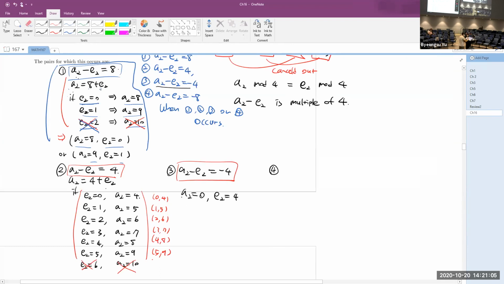So in this case, A2 can be 1, 2, 3, 4, 5 and E2 can be 4, 5, 6, 7, 8, 9.